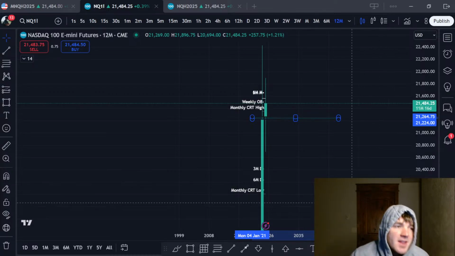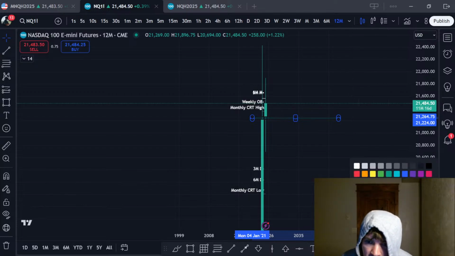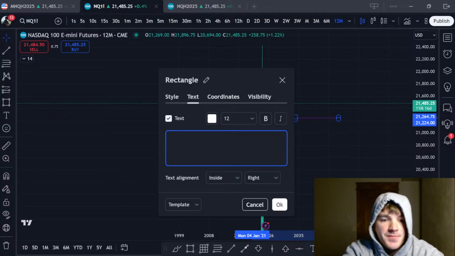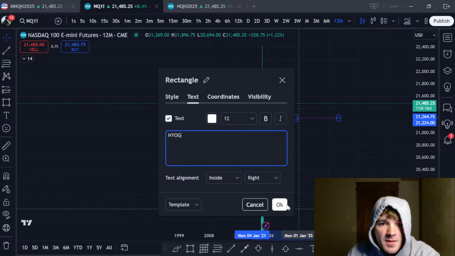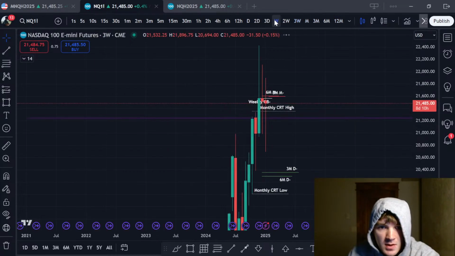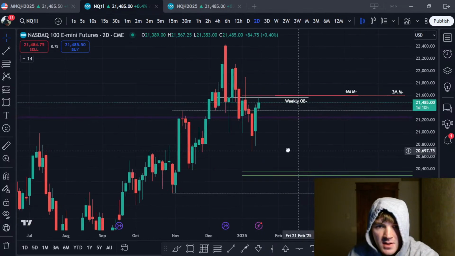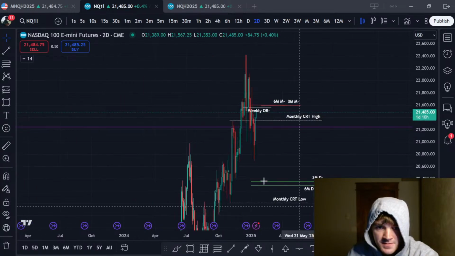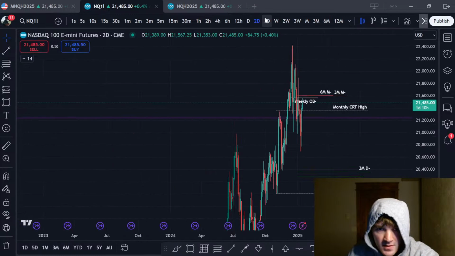Bro, I can't spend this long deciding a color. This is fine. New Year opening gap. I guess it's a little lower. It's down here. It's not really as relevant as I'm thinking.